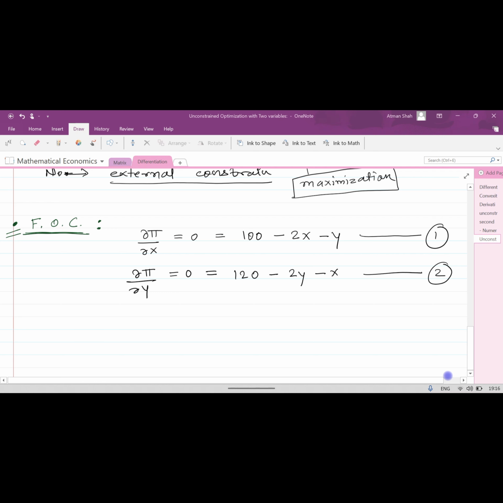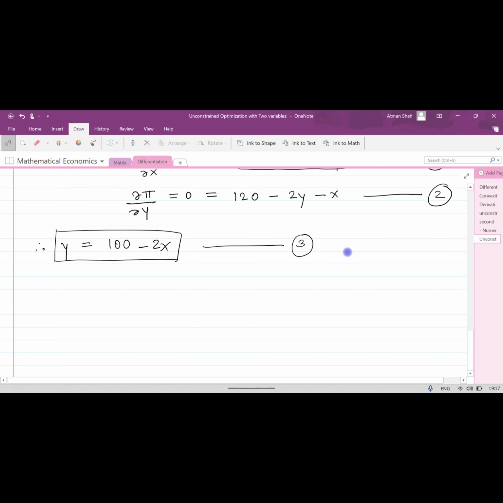Now from equation 1 we can say that y is equal to 100 minus 2x. So this is equation number 3.